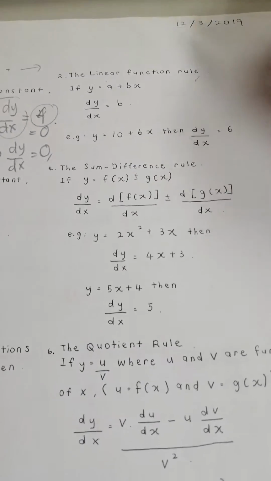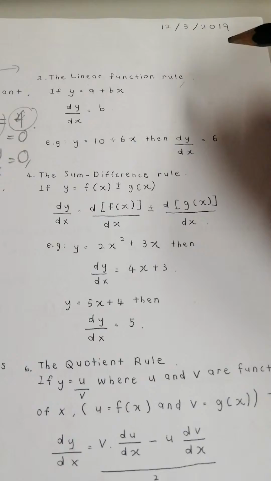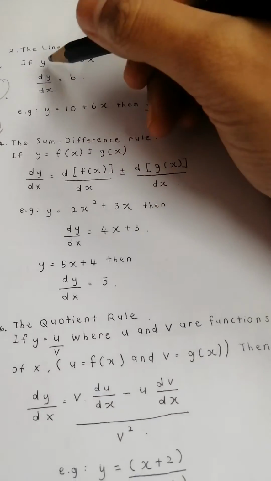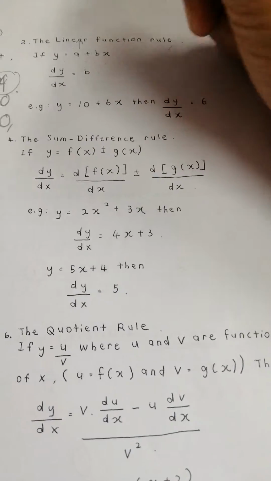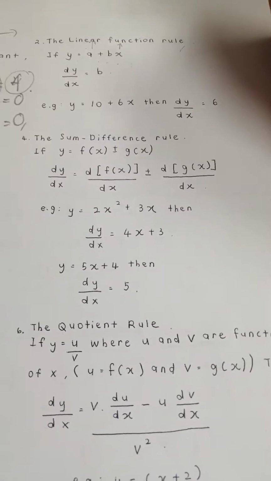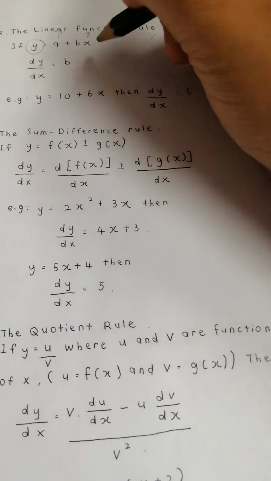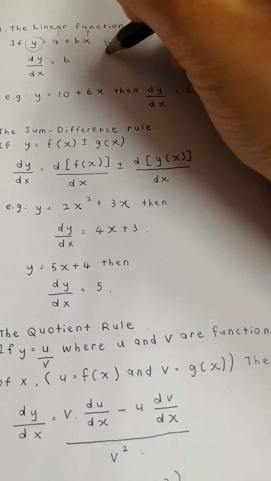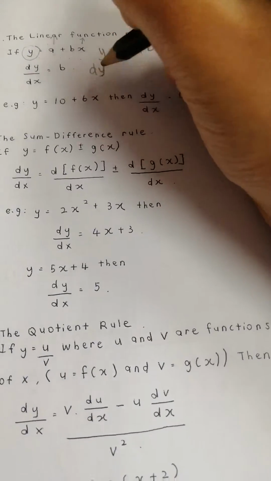The second rules is by using the linear function rules. So contoh equation for linear function rule is y equal to a plus bx. They have constant and they have the function of x. Okay, so differentiate the y value here. So kalau nak differentiate y equal to a plus bx, differentiate.